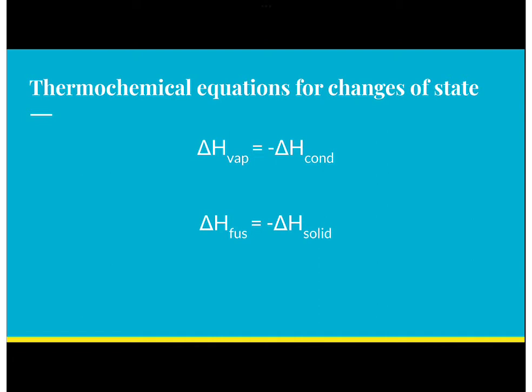Same value, but opposite signs. Vaporization will be positive, while condensation is going to be negative, but they'll have the same value for every substance. Same thing with fusion and solidification, melting versus freezing. So this is an important relationship to keep in mind. If you know one of the values, you know the other one. It just has the opposite sign.